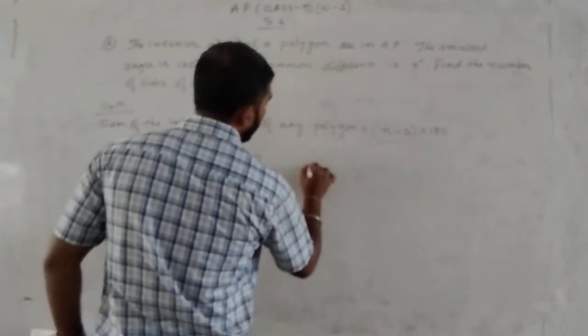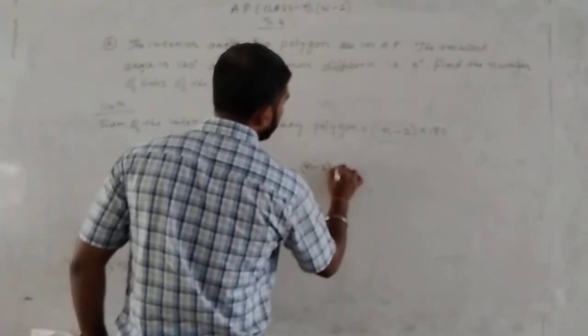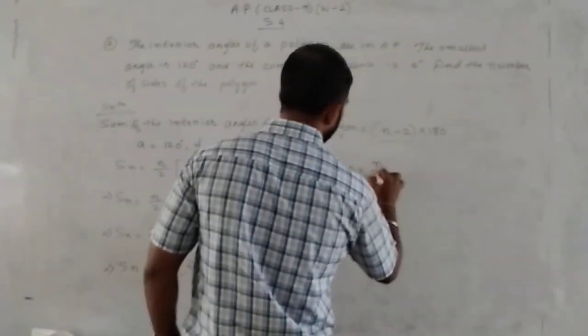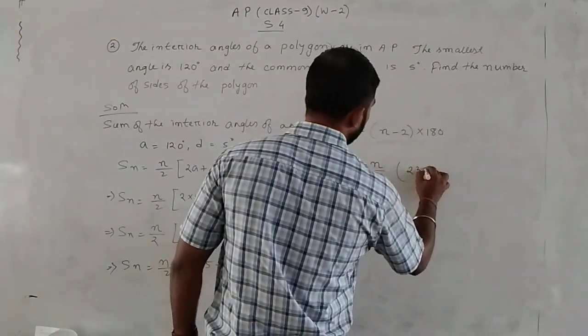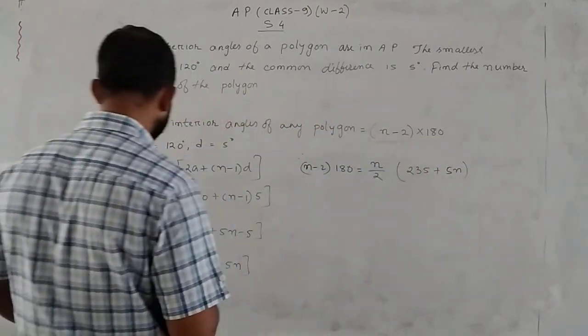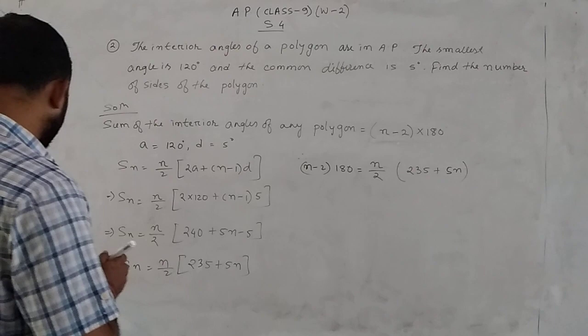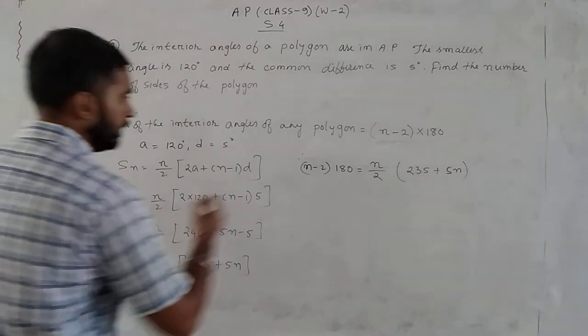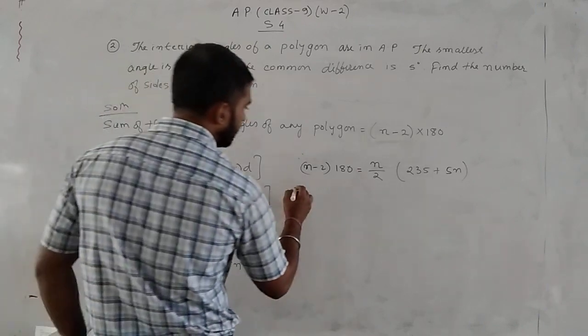Therefore (n minus 2) into 180 equal to n by 2 into (235 plus 5n).